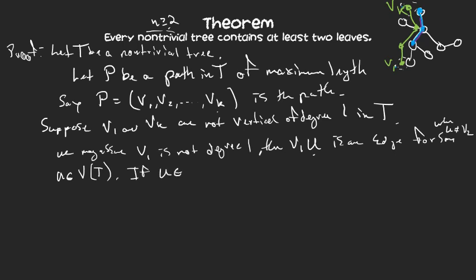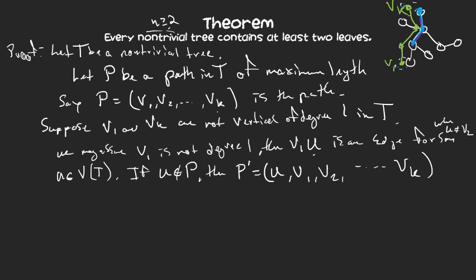Well, okay, if U is not in my path, so if U is not a vertex of my path, then I'm going to make this path P prime, where I'm going to go U, V1, V2, and then take the rest of the path. And I know I'm not going to encounter U here, so I know it's really going to be a path, right? I don't repeat any vertices because I know that U is not in my original path.